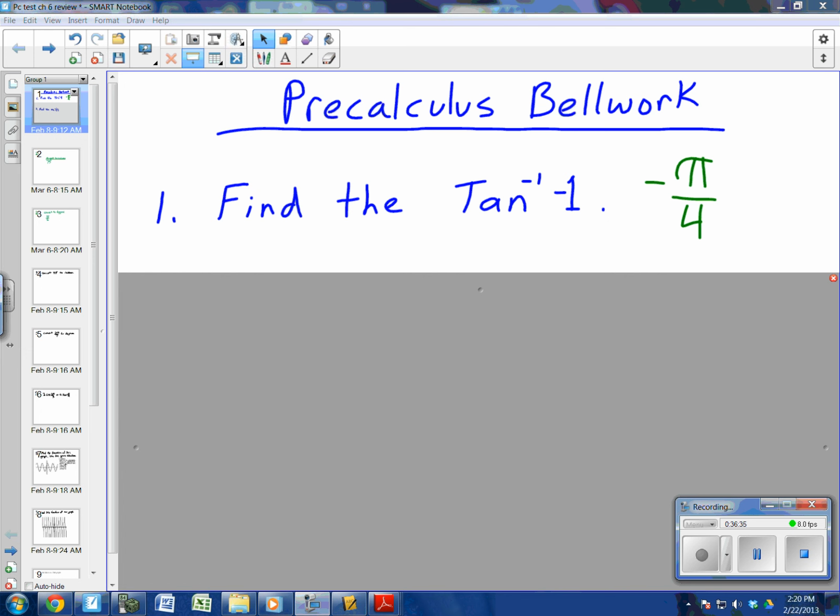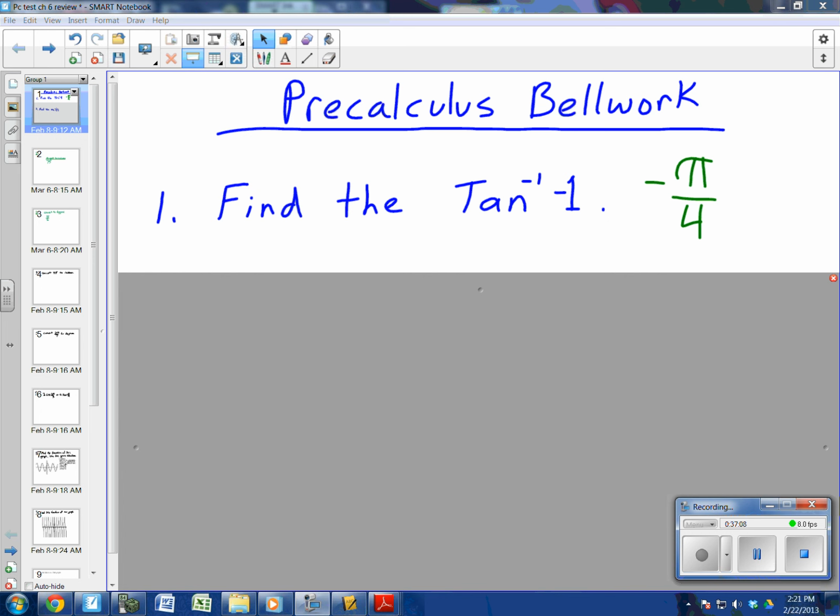The answer is negative pi fourths because I want the tangent inverse to be -1. And if you look down here at 7 pi fourths, you'll notice that if you take the y divided by the x, it's the same number, but one's negative, one's positive, you're going to get a -1, right? But we can't call it 7 pi over 4 because the range of the inverse tangent is between negative pi halves and positive pi halves.